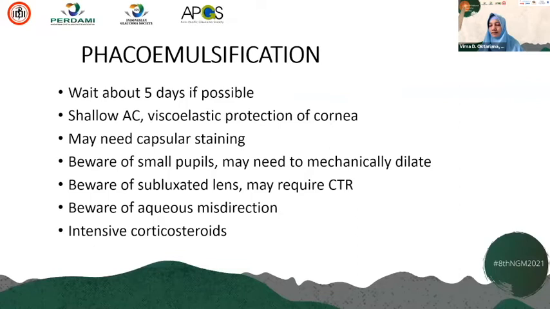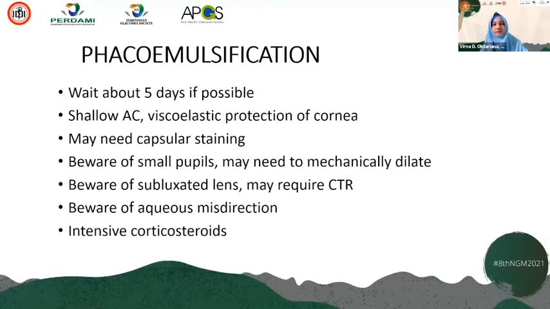Coming to phacoemulsification, as I mentioned earlier, if we do it in the acute stage, there might be more complications. So normally after intensive corticosteroid for about 5 days, when the inflammation has settled, we can proceed to do the phacoemulsification. Always beware of a shallow anterior chamber.